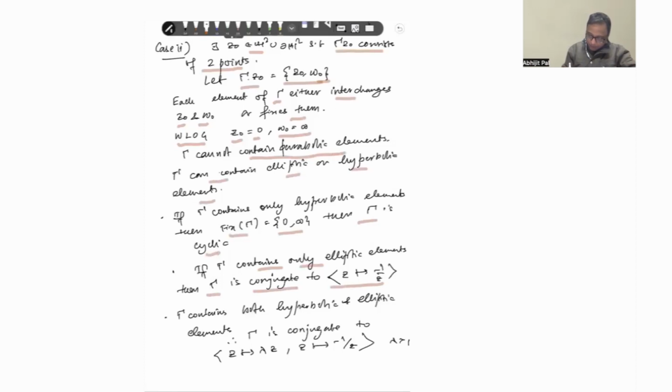So yeah, this can be done. And if gamma contains both hyperbolic and elliptic elements, then this gamma is conjugate to the group generated by z goes to lambda z, and the map z goes to minus 1 by z. So for case 2, we are done.